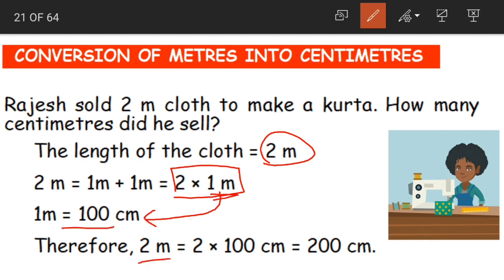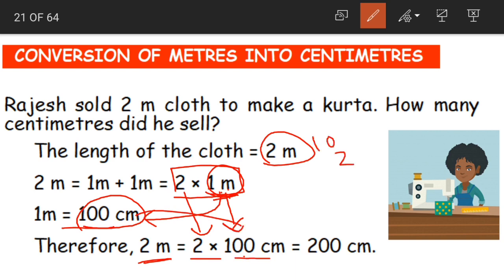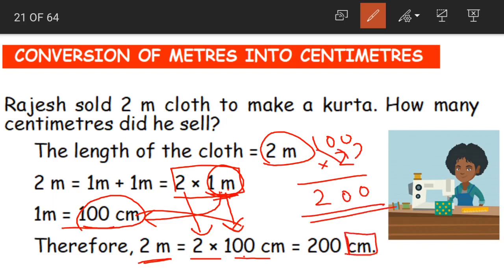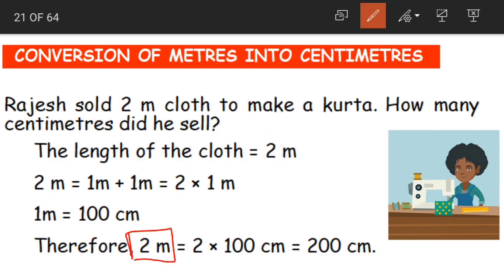Therefore 2 meters is equal to how much? 2 into, instead of this 1 meter, we are writing the centimeter part, that is 100 centimeters. 2 into 100, 2 zeros are 0, 2 zeros are 0, 2 ones are 2. So 200, and again it's important to write the unit of measurement, that is centimeters. Therefore 2 meters is nothing but 200 centimeters.